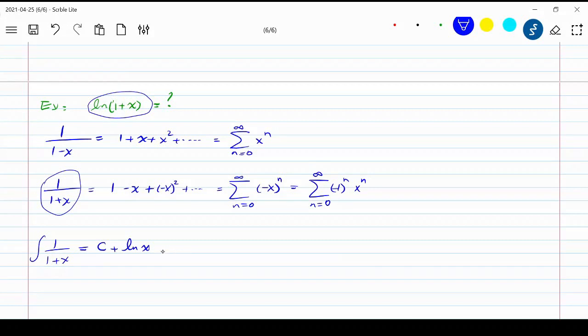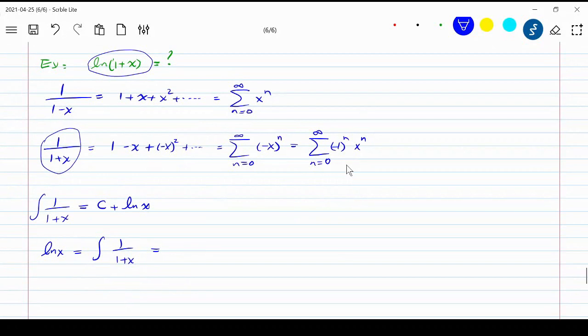So I can say, okay, ln of 1 plus x is the integral of 1 over 1 plus x, or you can say this is the same as some constant plus the integral of 1 minus x plus negative x squared plus dot dot dot, or it's the same as some constant plus the integral of summation negative 1 to the n, x to the n from 0 to infinity.